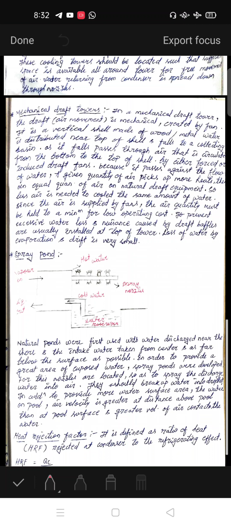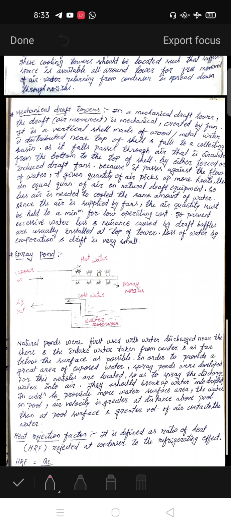Okay, so next one is the spray pond. Students, just look at the diagram of the spray pond. Natural ponds were first used, with water discharged near the shore and the intake water taken from the center as far below the surface as possible.